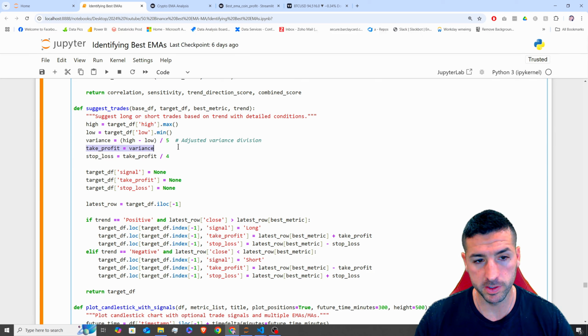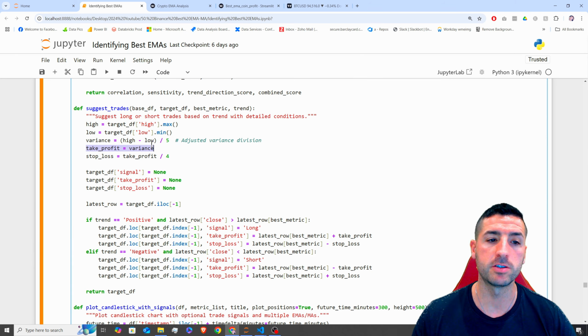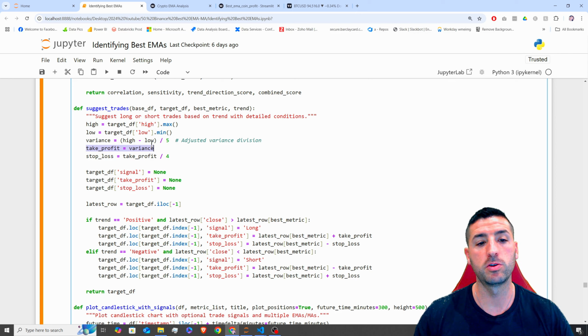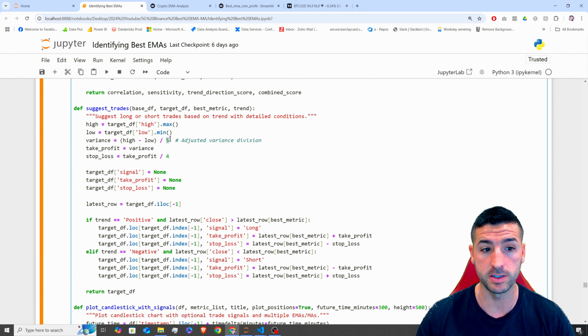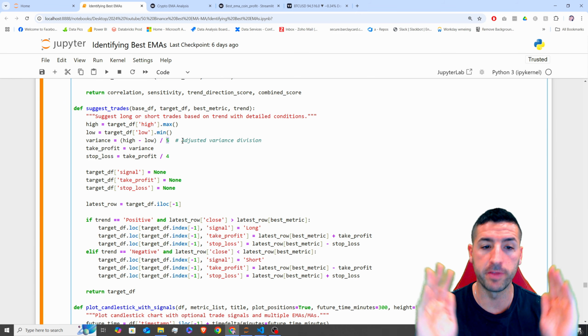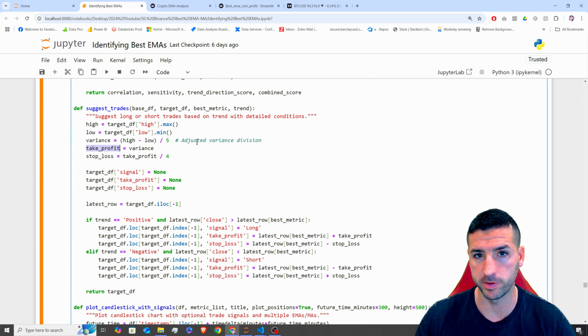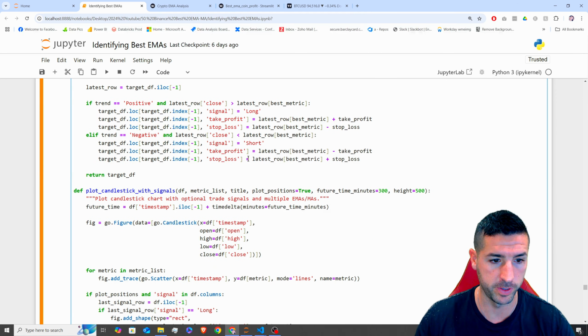Our take profit is now based on the high and the low of that time period, and it's one fifth of the variance of that period. Then the stop loss is 25% of the take profit. So we have a ratio of 1:4: 1 is the loss, 4 is the win.